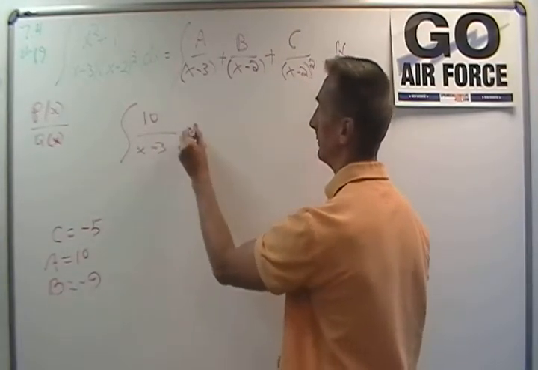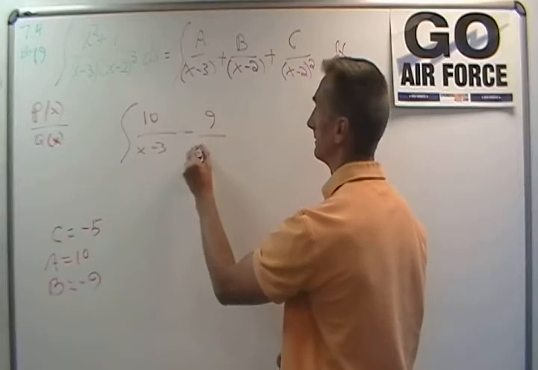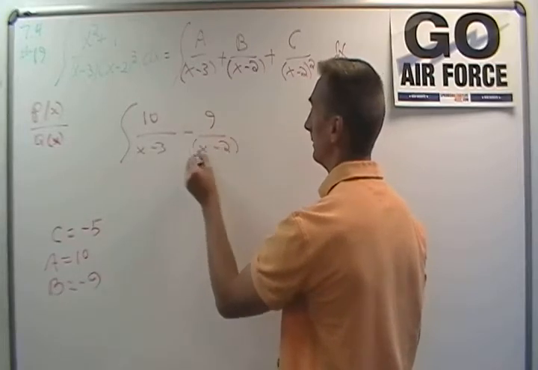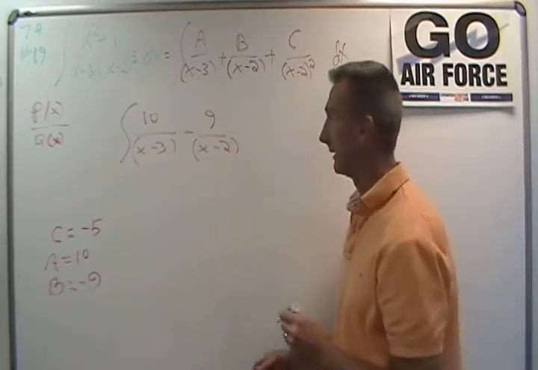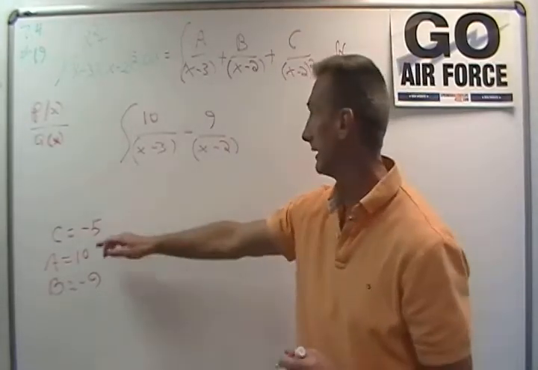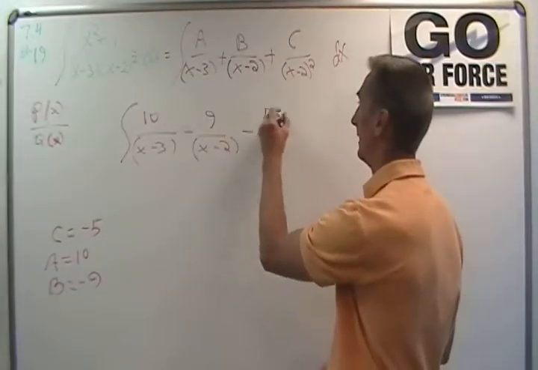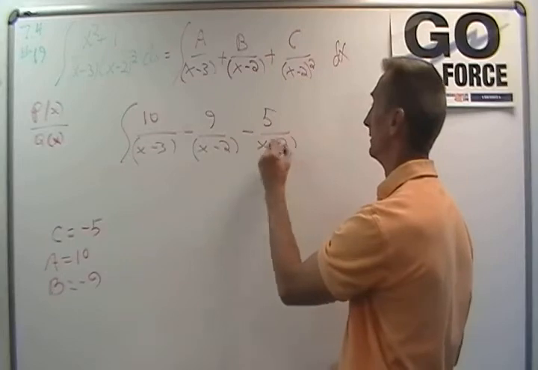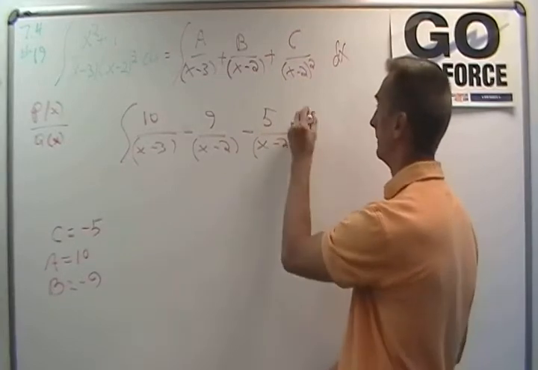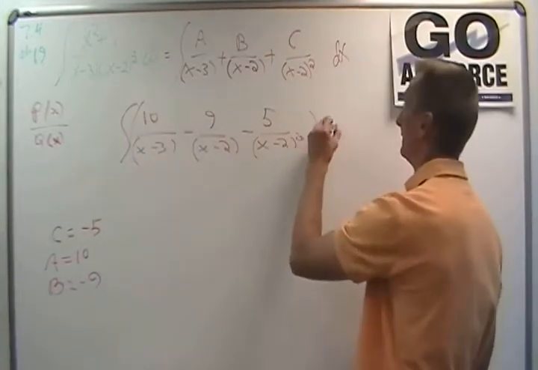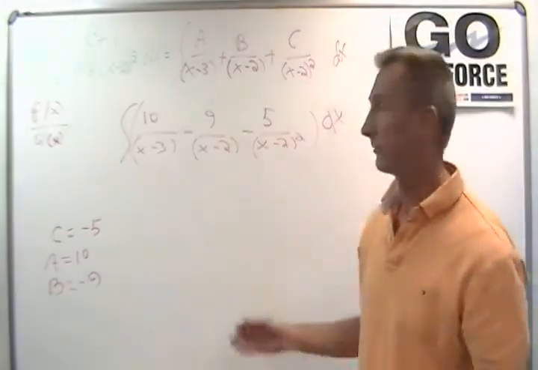Let's go ahead and just make that a minus 9 over x minus 2. Let's put some parentheses in there. And then C is minus 5, so I've got minus 5 over (x minus 2) quantity squared. And of course, I've got a dx times this whole mess.